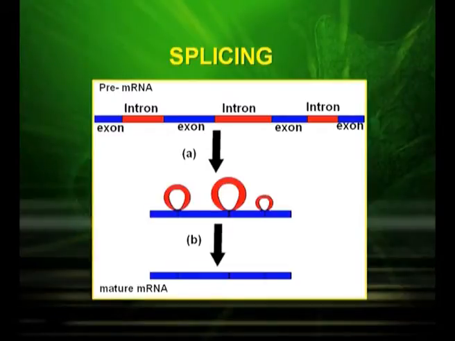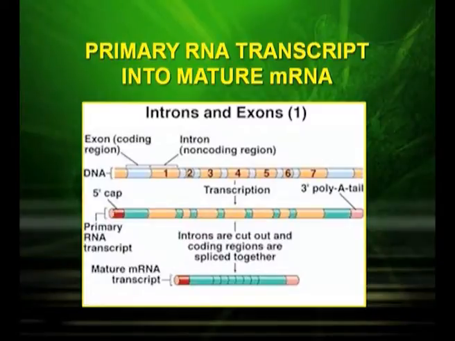So, the introns form the spliceosomes, they are cut, and ultimately you get a mature mRNA having only the exons. The next diagram clearly shows how the primary RNA transcript gets transformed into a mature mRNA. The mature mRNA, that is the transcript, contains only the functional exons which are expressed.